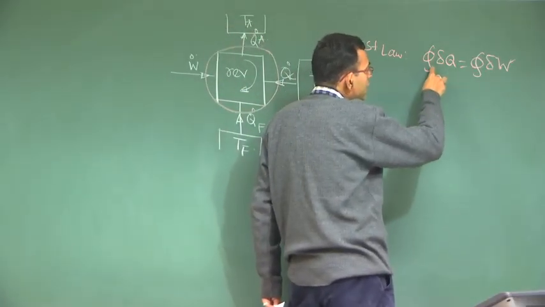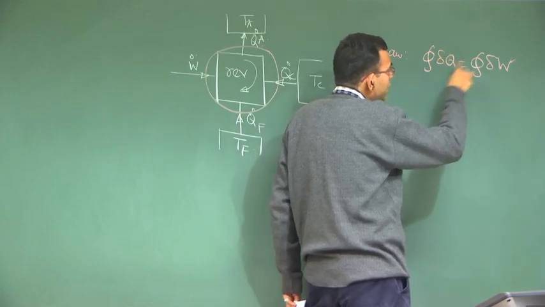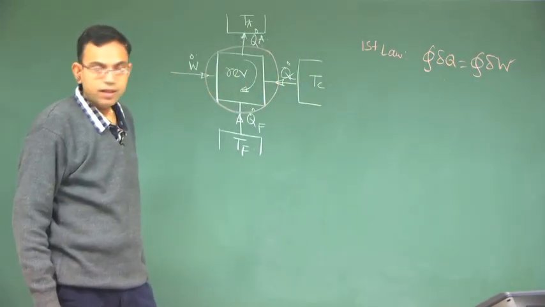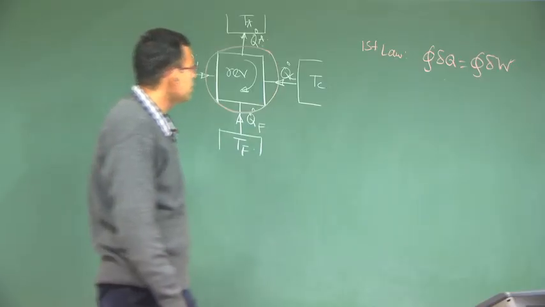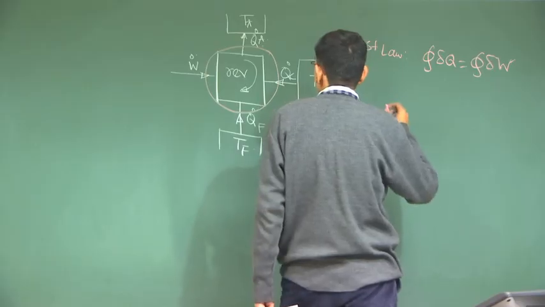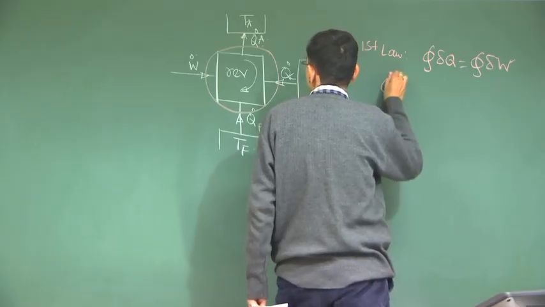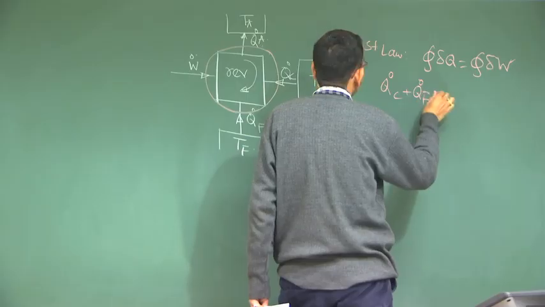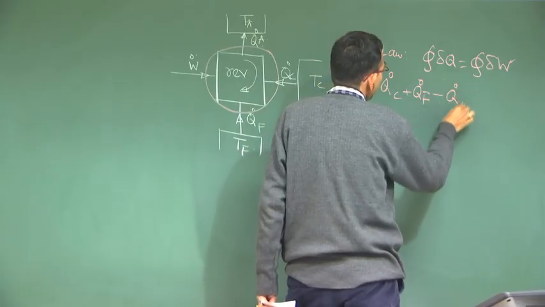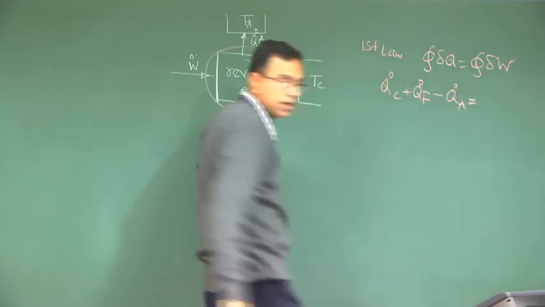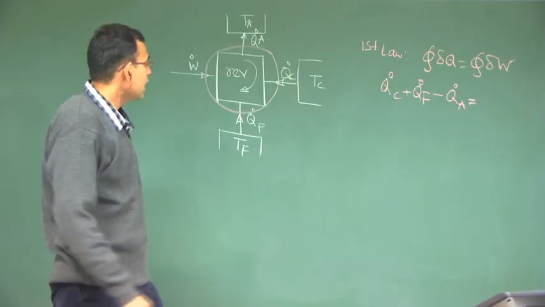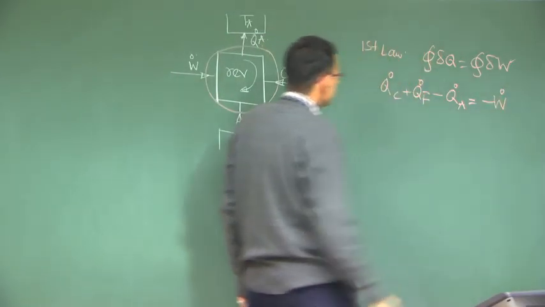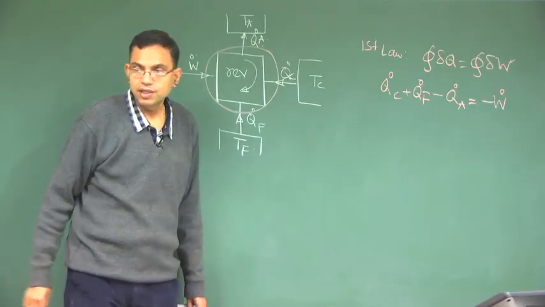So, cyclic integral of the rate of heat transfer is the same as cyclic integral of the rate of work done. The rate of heat transfer is Q dot C plus Q dot F minus Q dot A. This is cyclic integral of heat. Cyclic integral of work is minus W dot as per this figure.